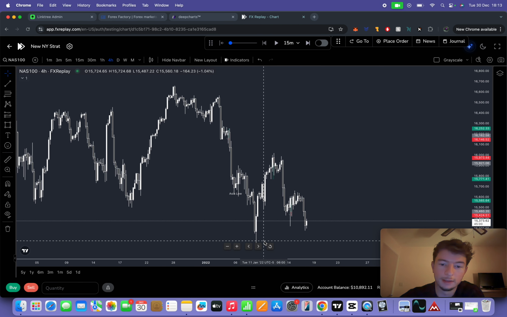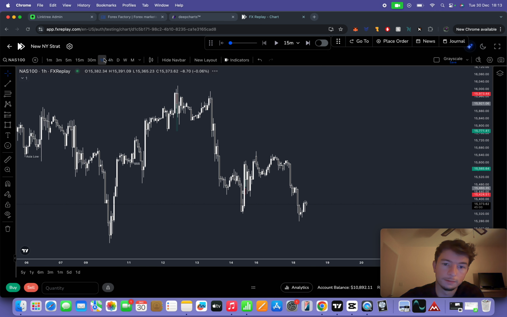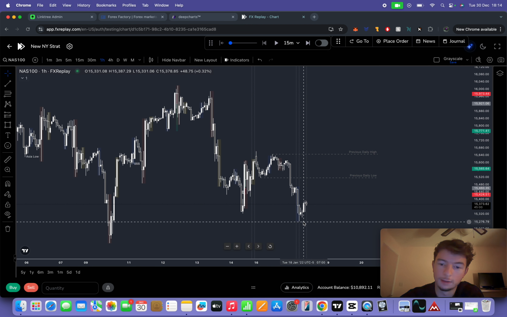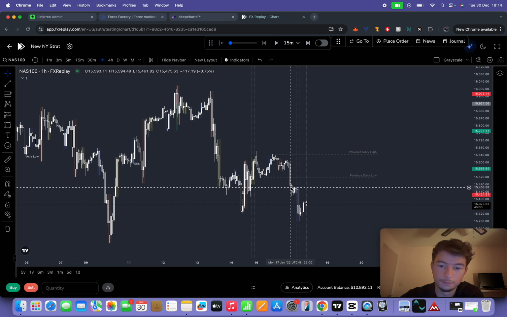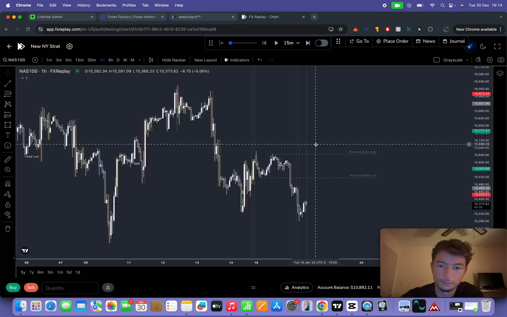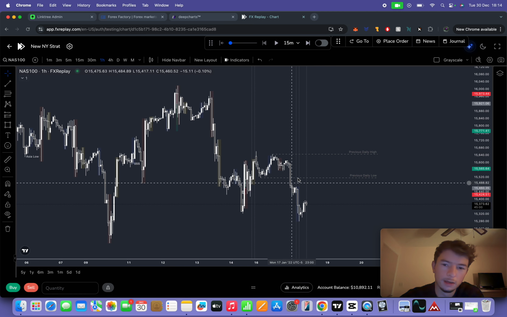We could come down and take this low, so it could be bearish. We have just swept this. Got London low, London high there. Asia session is like here. It's at 8 to 10. And we got the previous daily high and low, so this might not even be a setup.